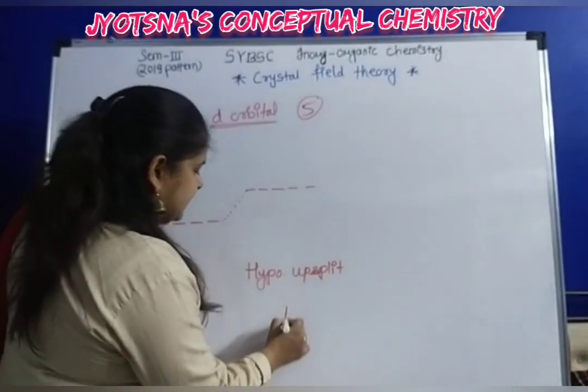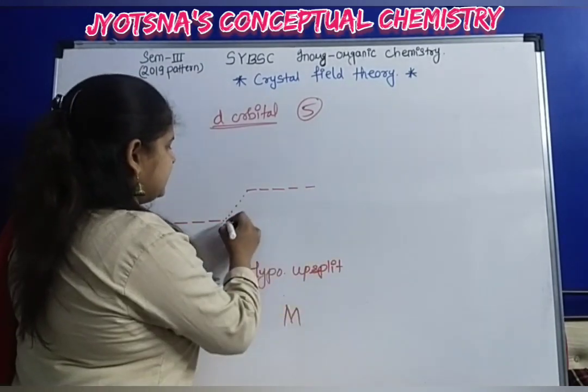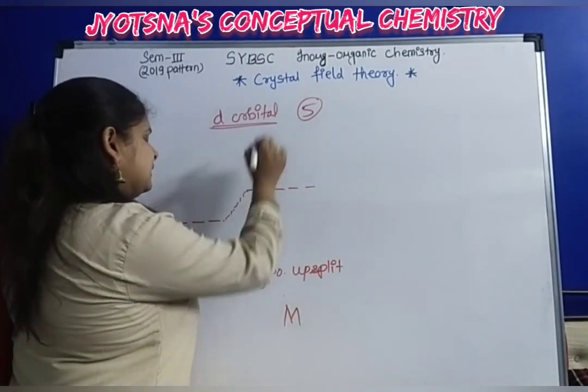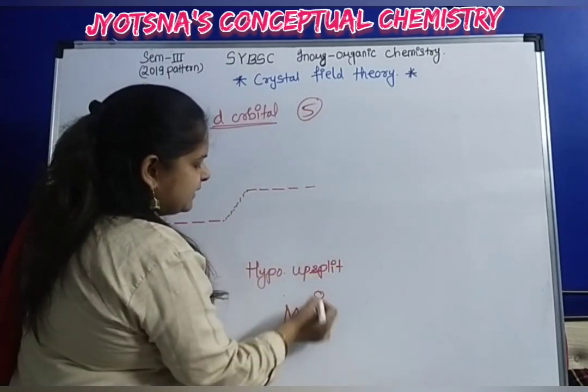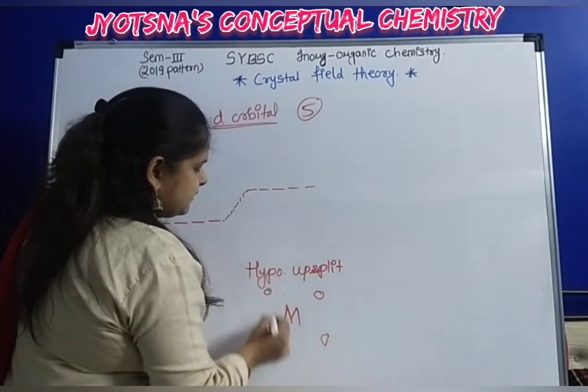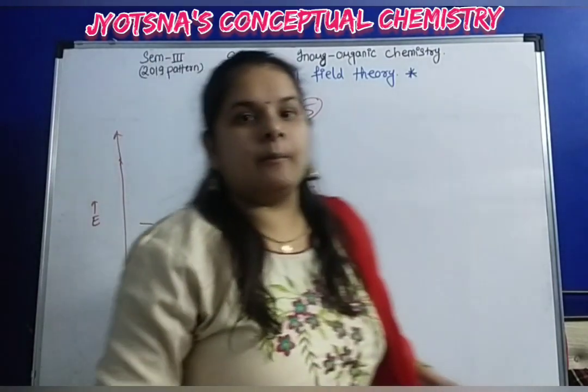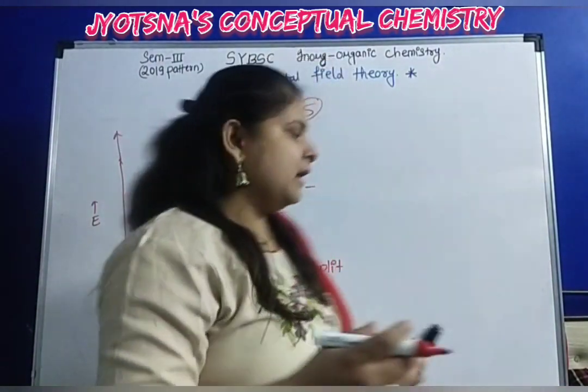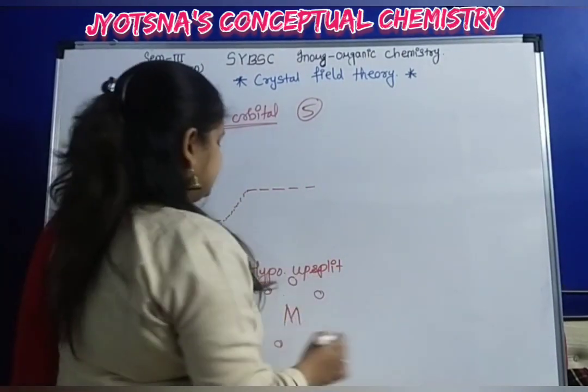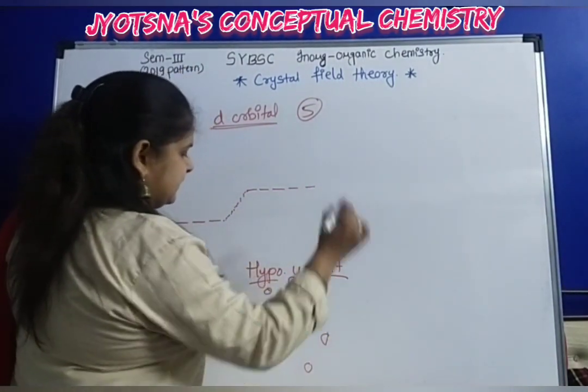When there is an increase in energy, what happens? There are 6 ligands. They approach the metal symmetrically.